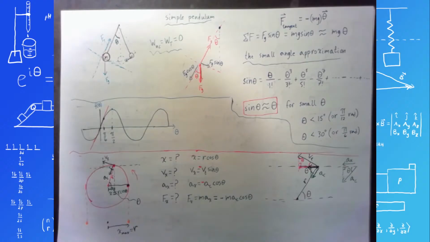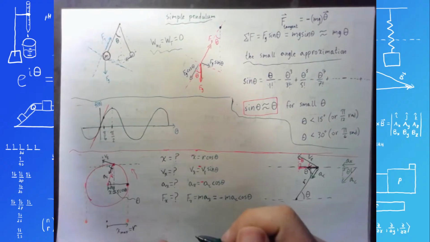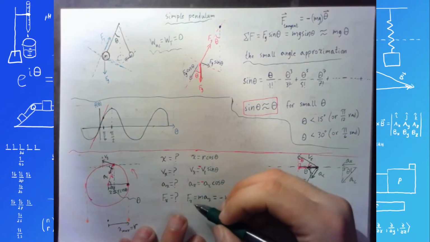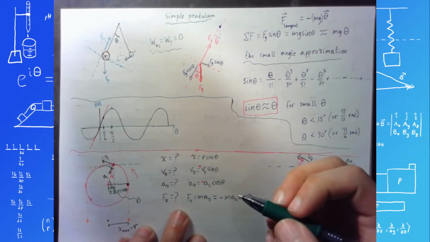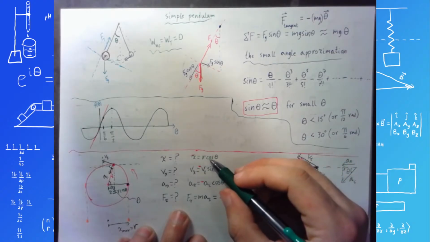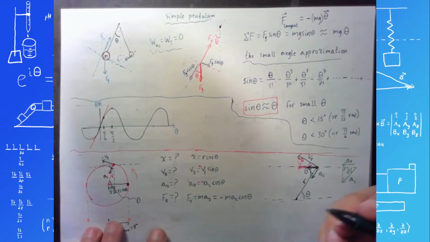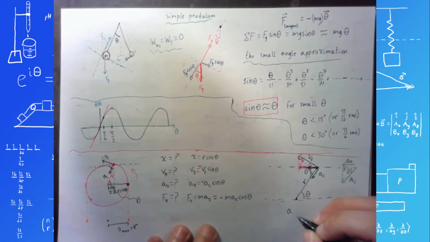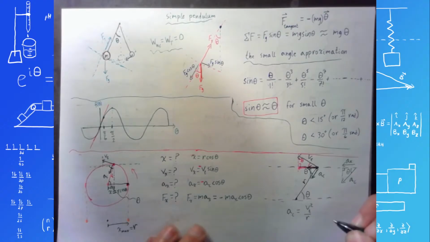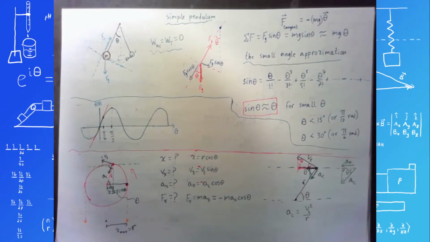Does this force act as a restoring force? Is it proportional to x? And is it opposite in direction to x? Well, if I look at r cosine theta over here, let's rewrite a centripetal. Centripetal acceleration is equal to v squared over r, v tangential squared over r. But it's also equal to something else, right?